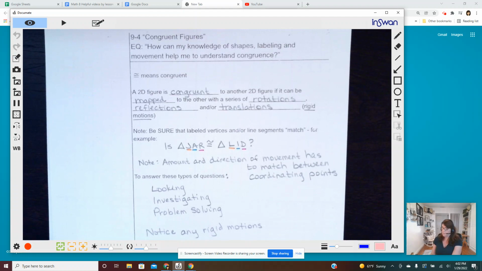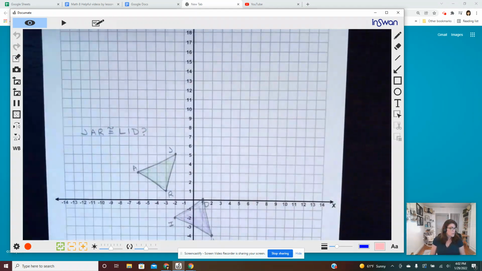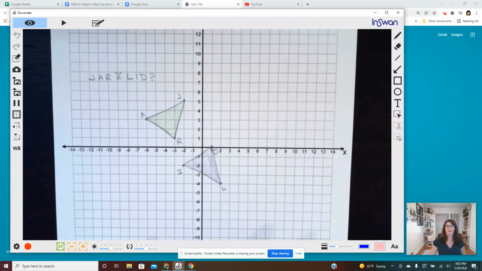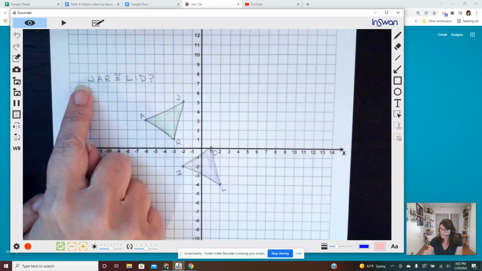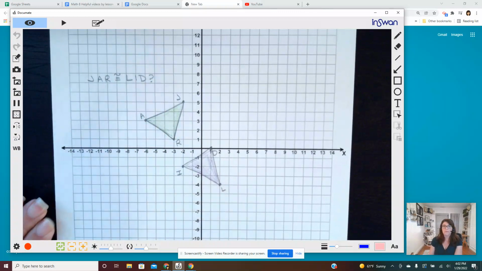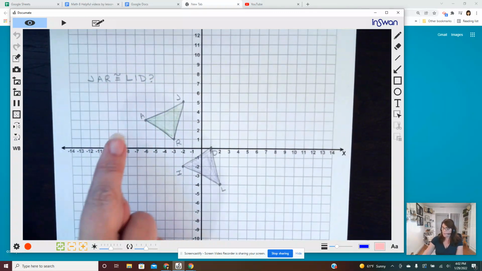And here's an example. Sorry, I have to go to it on my other screen as well. Okay, we have two triangles. They look like the little triangles from the old-fashioned game Asteroids. And I'm asking, does JAR become LID?